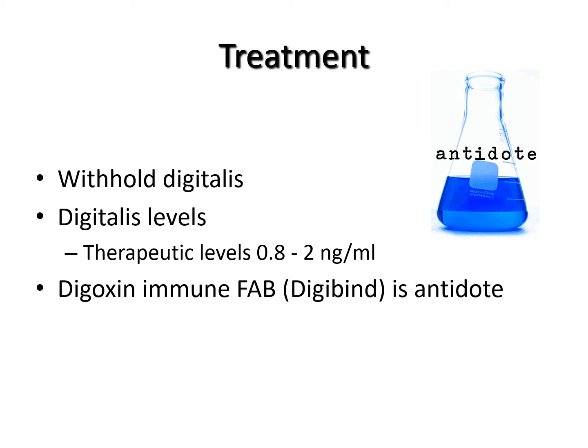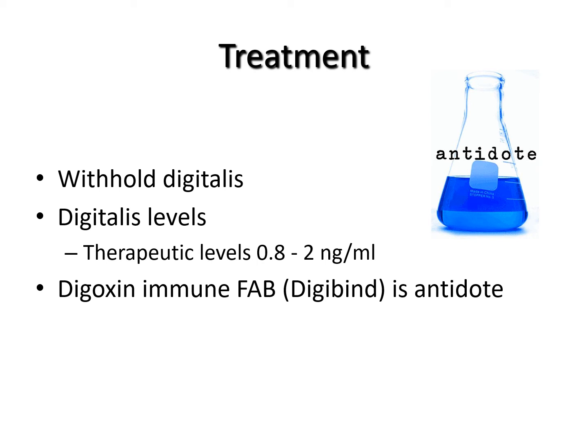Certainly, if your patient's blood serum digitalis level comes back and it shows that it is in the toxic range, then you are to hold their dig dose. You're not to give them their next dose of digoxin. And if it is in the toxic range, there is sort of good news in the fact that we do have an antidote available to us.